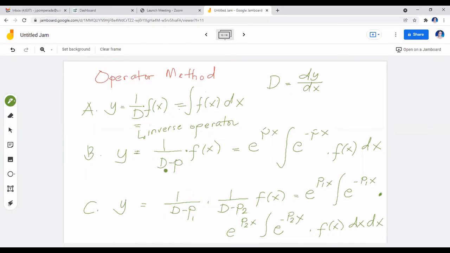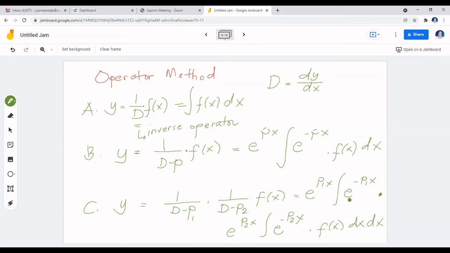Whenever you see more 1 over d minus a constant, in this case, 1 over d minus p1 times 1 over d minus p2 times your function of x, it is to be interpreted as a product of several integrals. So what happens here, you're going to copy p sub 1 first. So you have here e raised to p sub 1x.